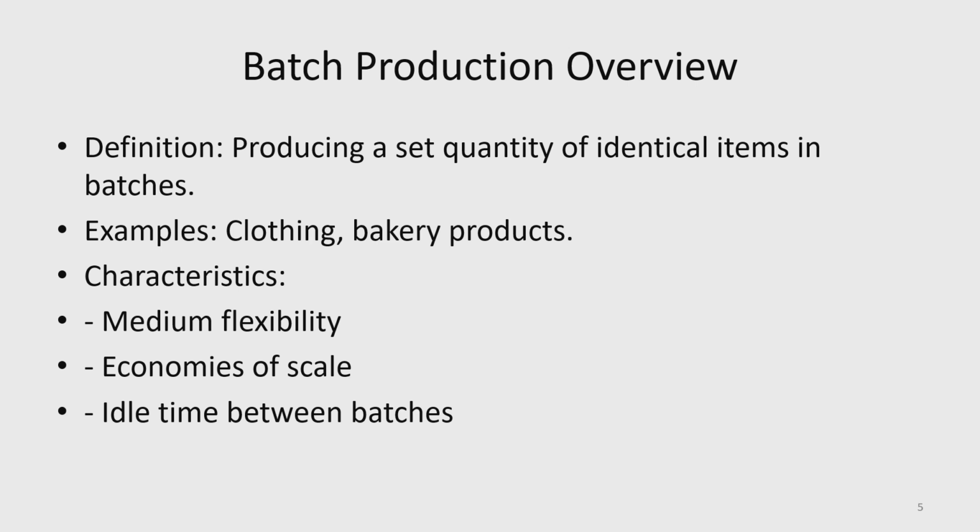Suppose Bata shoe is there, so Bata is making in batches: 8 number shoe, 7 number shoe, 6 number shoe, 9 number shoe. You go to the shoe shop and you can choose, but among those options only, whether 7 number fits you or 8 number fits you. If you say no, I need 7.5 number, then the salesman will say, sorry sir, 7.5 number is not with us, we can give only 7 number or 8 number.